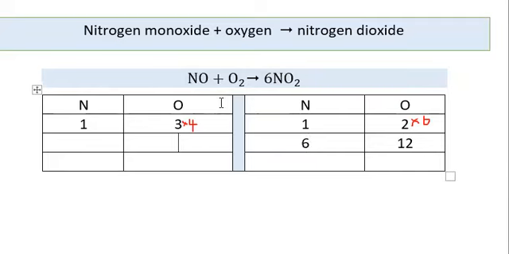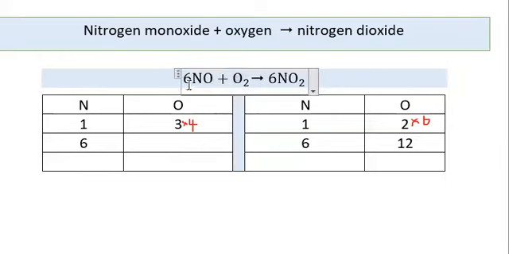On this side, it's going to be a little bit trickier because I need to think, okay, because remember I have a 2 over here as well. So I need 6 nitrogens. So if I put 6 here, then it will be 6 oxygen and 6 nitrogen. So I have 6 nitrogen, which is correct. Now I just need to get my 6 oxygen.